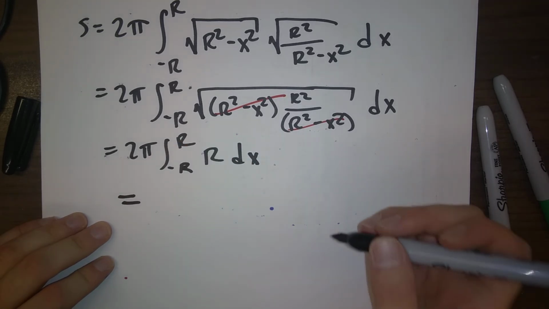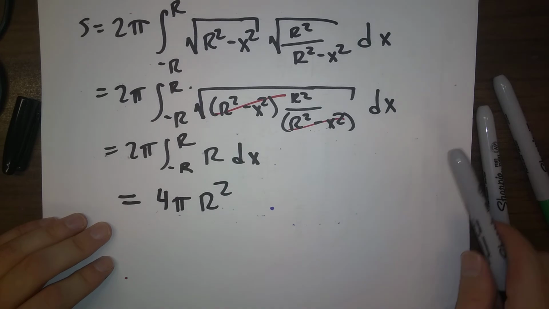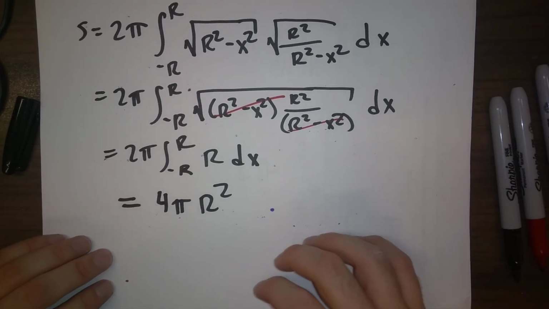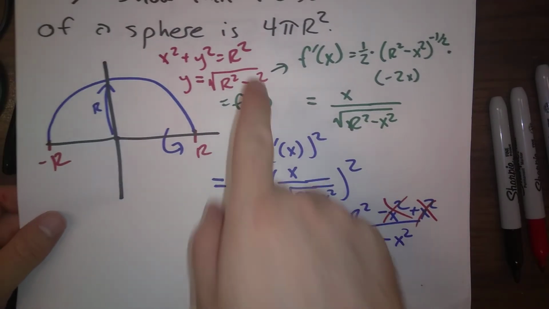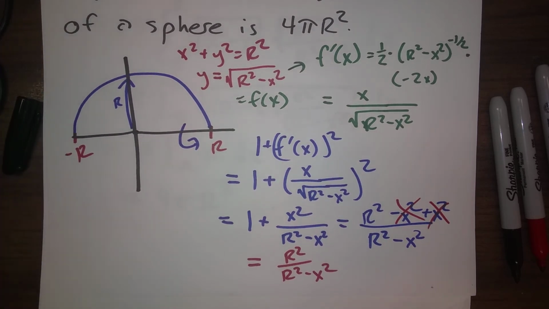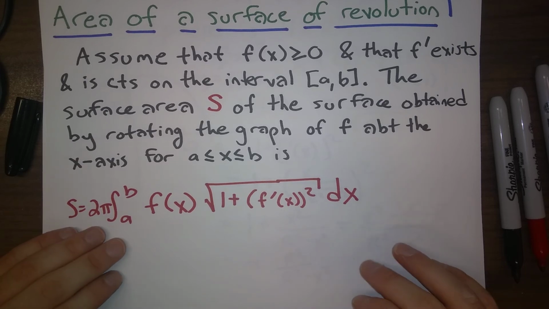And so this ends up very easily as 4 pi times r squared after you do a little bit of calculation. So hooray, we are able to derive that the surface area of a sphere is 4 pi r squared using this formula here for the area of a surface of revolution.